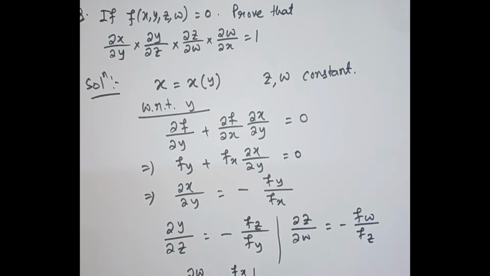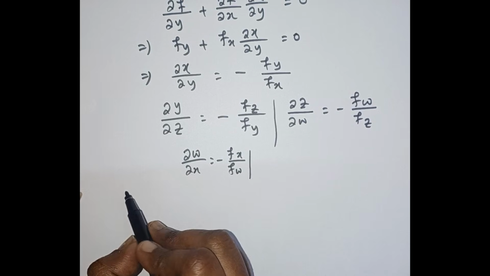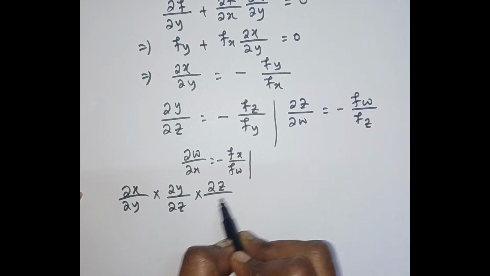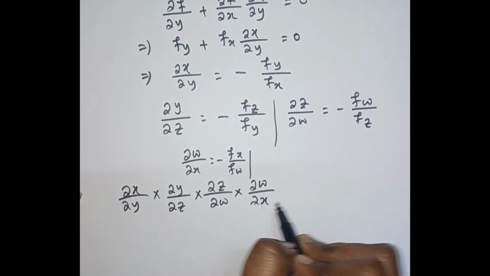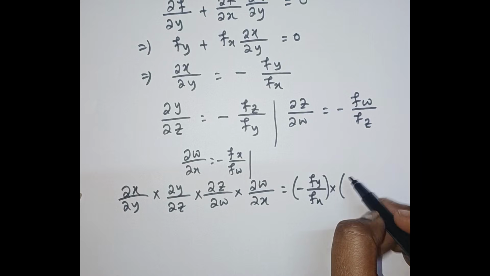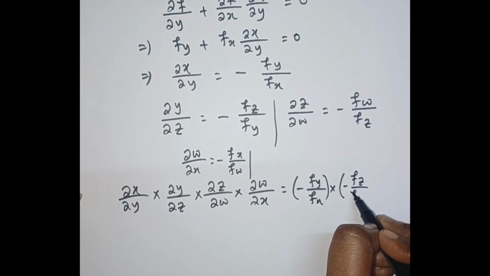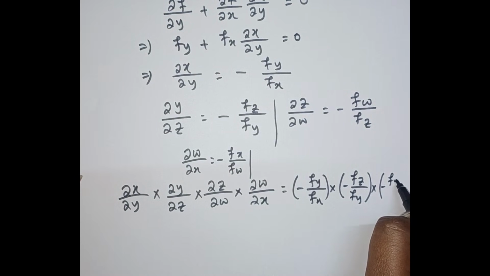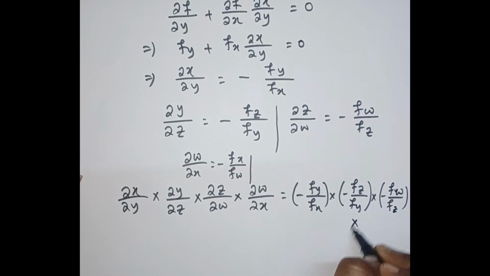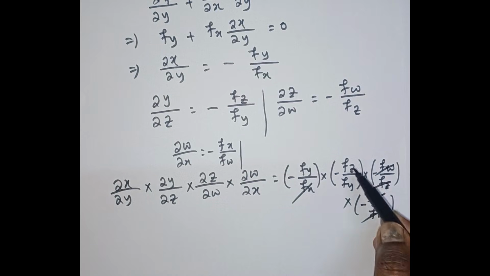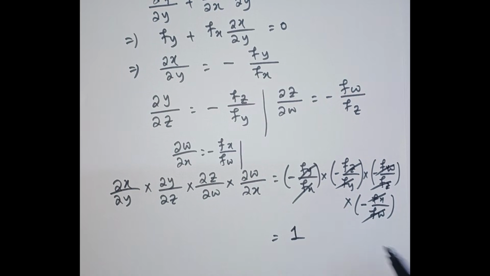So we need the multiplication of all these, that is ∂x/∂y into ∂y/∂z into ∂z/∂w into ∂w/∂x, which will be equal to, substituting the values, minus fy by fx into minus fz by fy into minus fw by fz into minus fx by fw, and then we can cancel out all the things, because fx, fw, fz, fy all will be cancelled out. Hence the final result is 1.